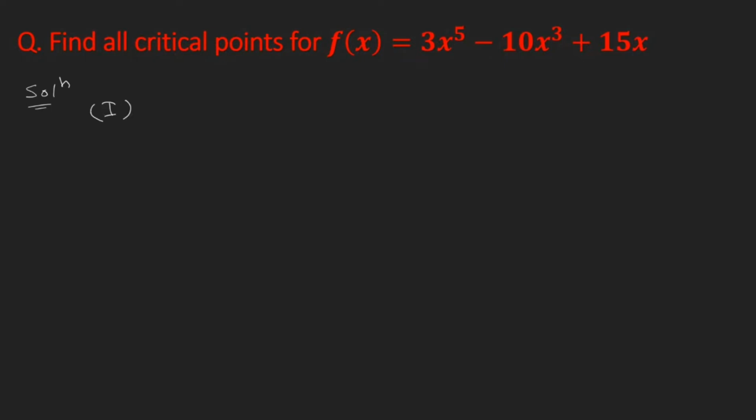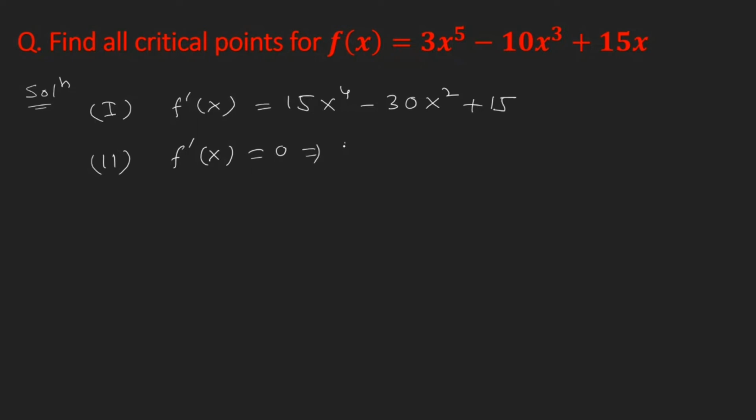Step 1, f'(x) is equal to 15x to the power 4 minus 30x square plus 15. Second, f'(x) is equal to 0 implies 15 times x to the power 4 minus 2x square plus 1 is equal to 0.